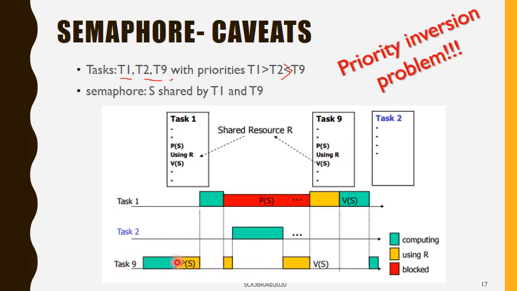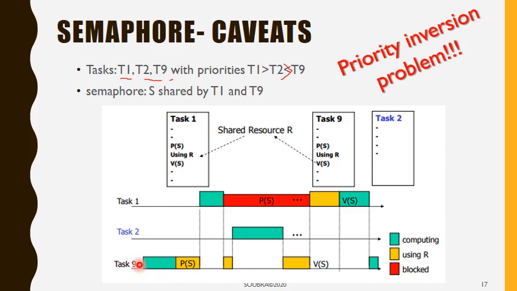whenever it attempts to take the semaphore here, fair enough, and when it's preempted, then it's normal for it to get preempted by task number 1. And what would happen is, when we take the semaphore, we need to make sure to raise the priority of task number 9 enough for it not to get preempted by task number 2.